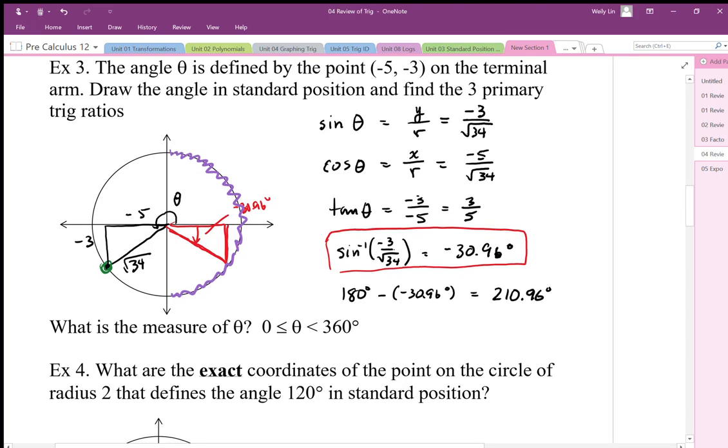So the angle that I wanted here, theta, is equal to 210.96 degrees. And the thing to make note of is the arc sine, and maybe I will be a little bit more clear here. This arc sine always gives me angles in quadrants 1 or 4.